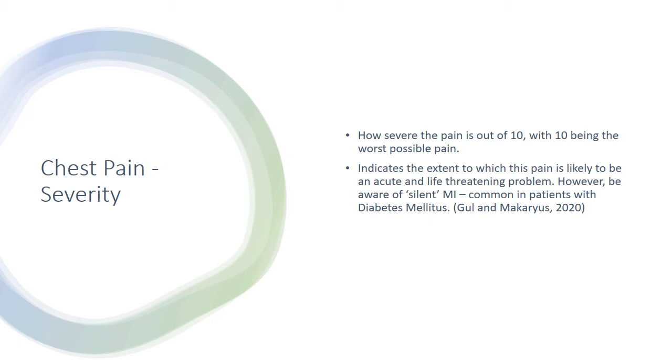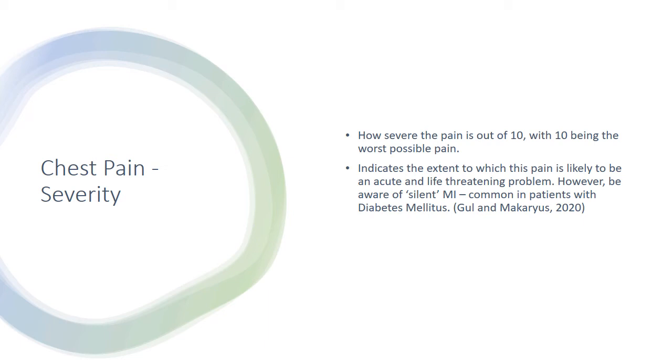There's several pain severity tools that we can use. I tend to use a score of 0 to 10, where 10 is the worst possible pain and 0 is no pain. And this can give us a really good opportunity to start to understand the patient's own experience of the pain that they're complaining of. But it can also give us a really good indicator as to the likelihood of whether or not we're dealing with an acute or life-threatening problem.